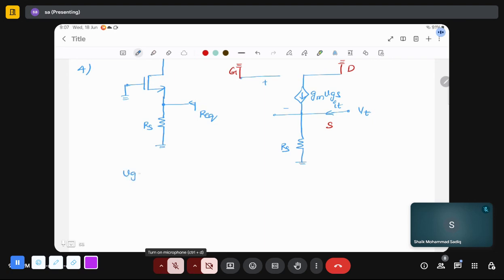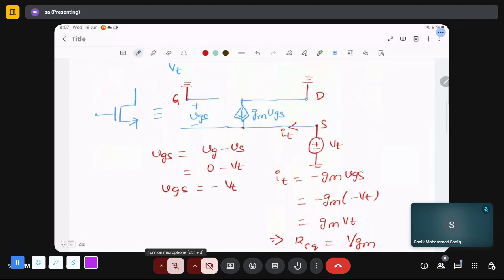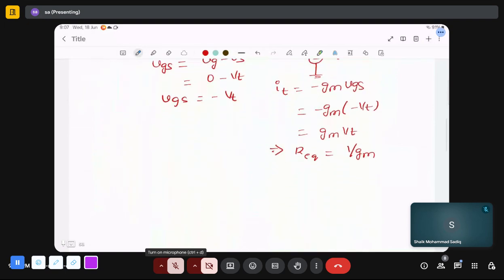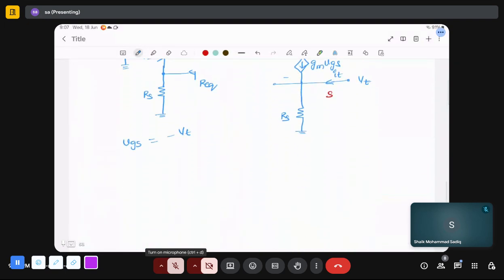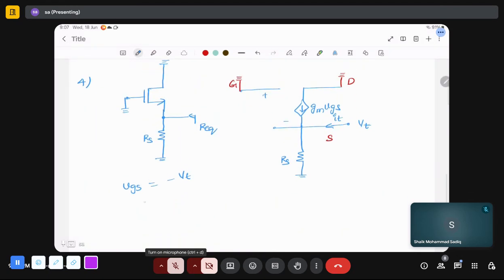Similar to the previous problem, here we got VGS as minus VT, right? Since VG is 0, VGS is minus VT. So we'll apply KCL at node VT.